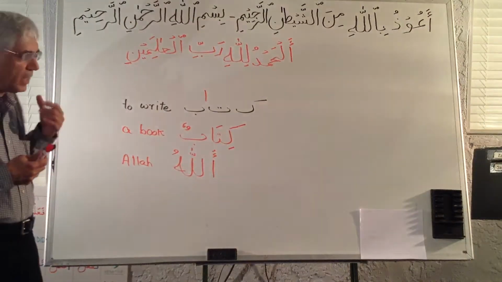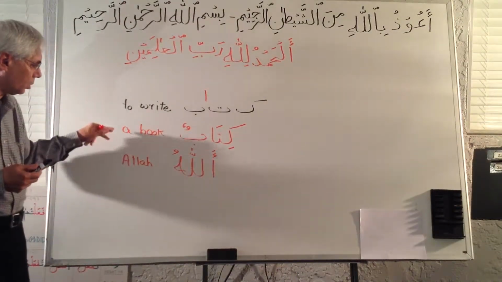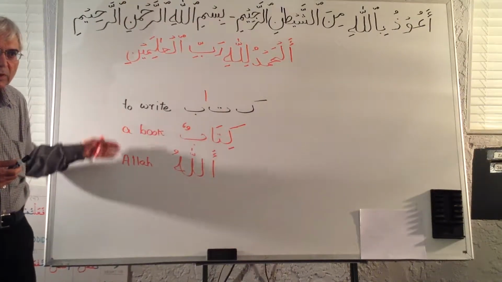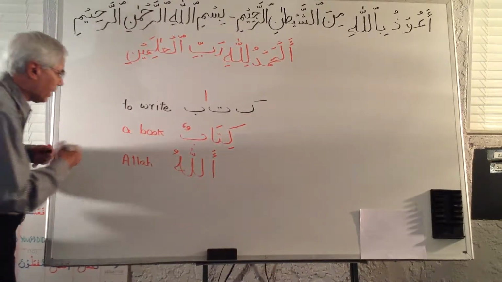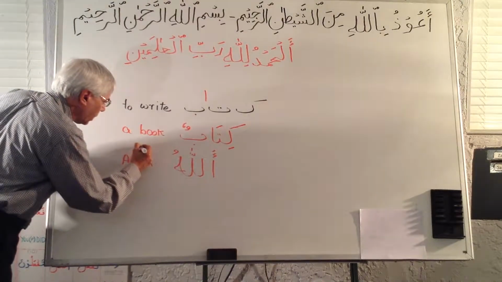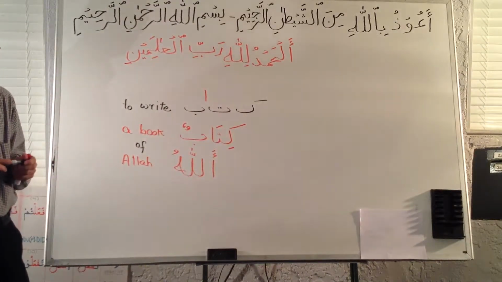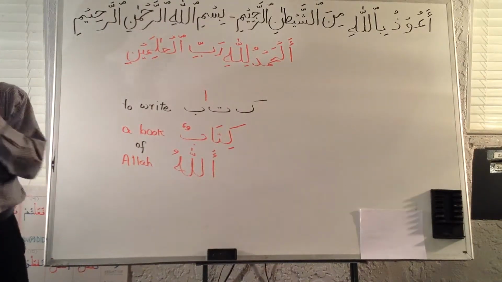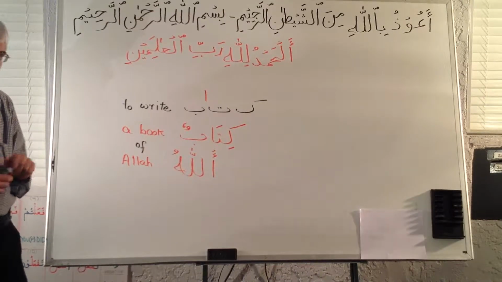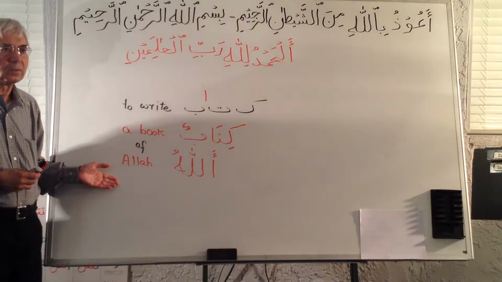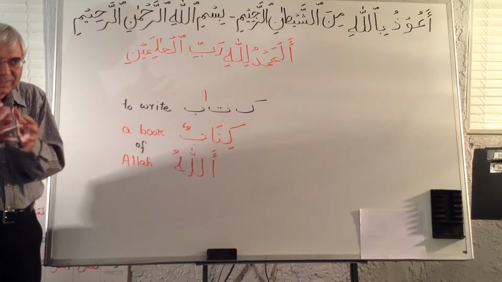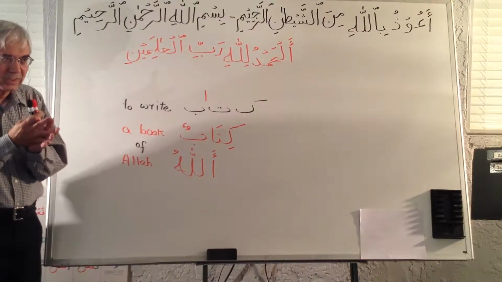These are two independent words and there is no relationship. In English, if I want to make a relationship between these two things, all I am going to do is put the word of in between. Now it became a small sentence. A book of Allah. Now there is a relationship between these two words in English.